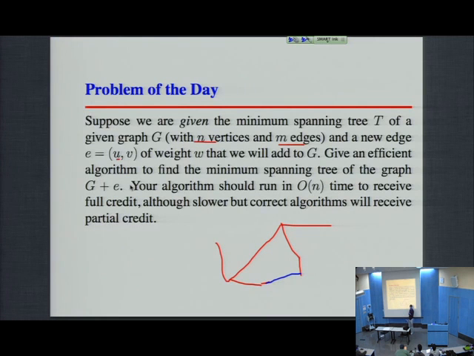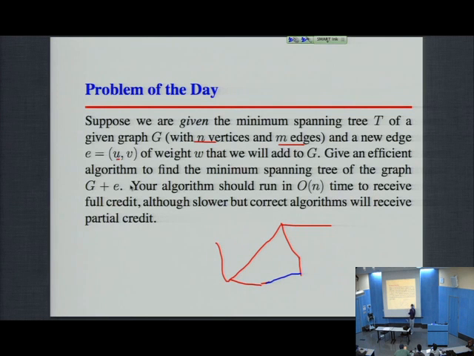But if I start from here and I say do a depth-first search, add the edge, find the cycle, and then figure out what the smallest edge is on the cycle and delete it. That's what I would have done with depth-first search. Regardless, the key issue is find the smallest weight edge on the path from here to there.